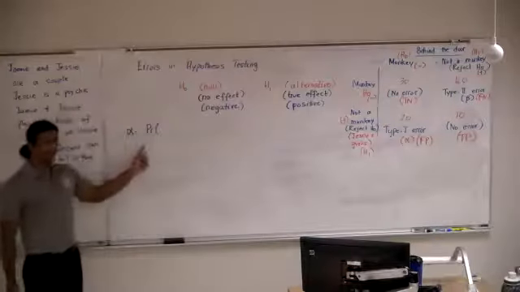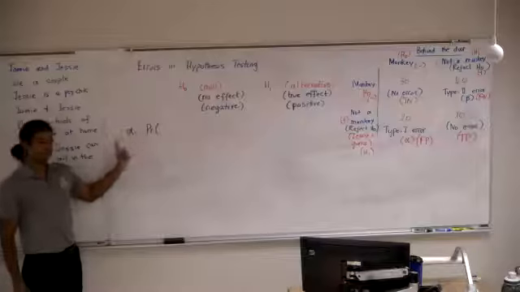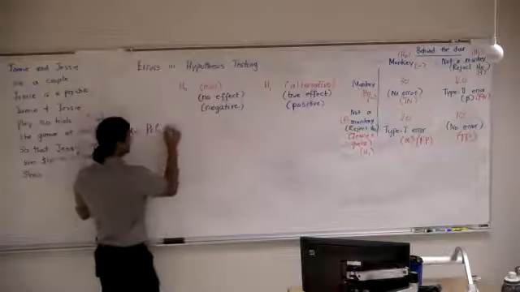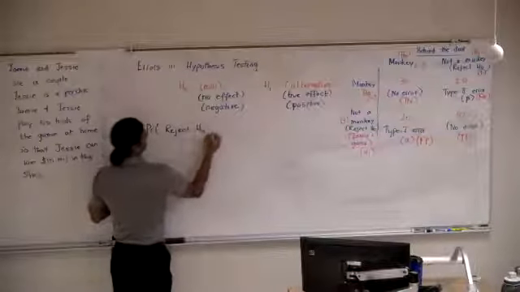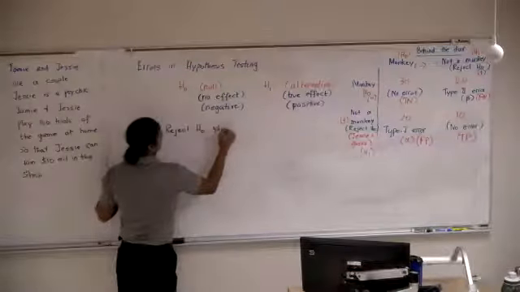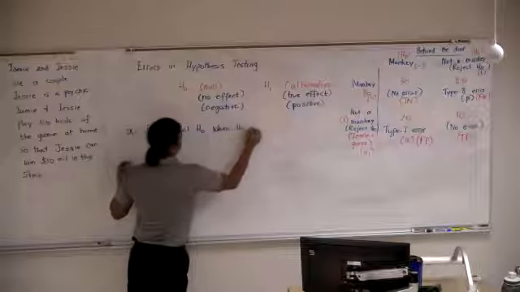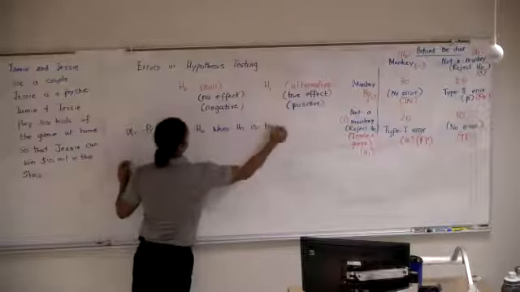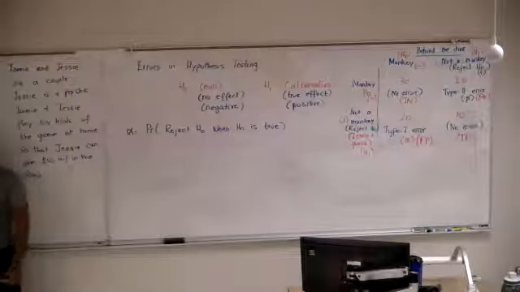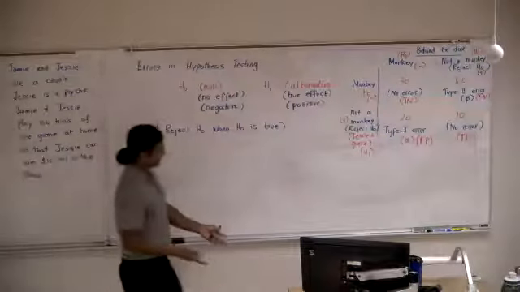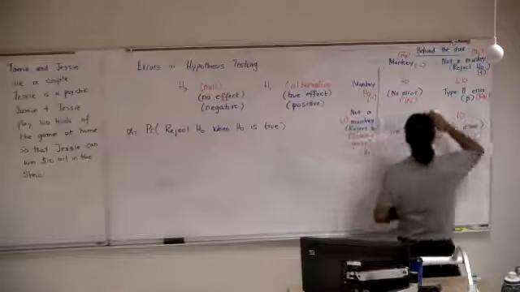So alpha is simply the probability of rejecting the null when the null is true. So naturally, we are making an error.